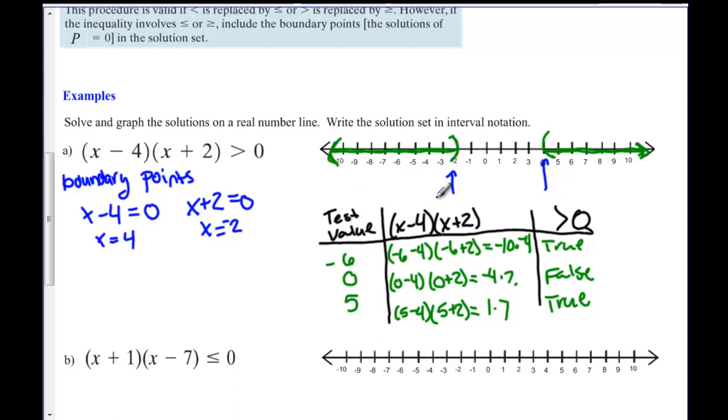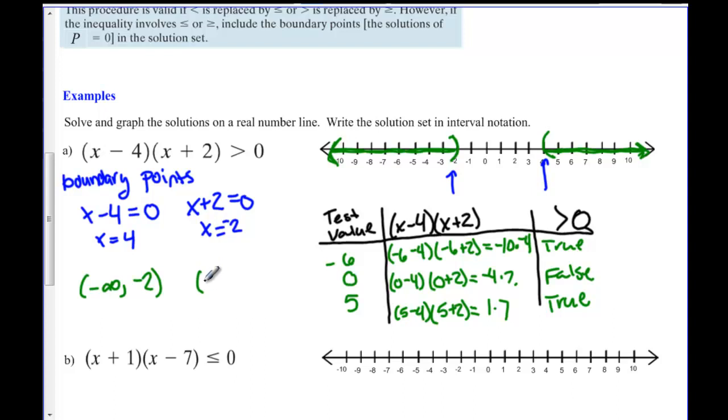My math lab will have you do the number line, but it really is going to want the interval notation. So how do I write this first interval? Yeah, negative infinity to negative 2. I'm going to leave a little space. How do I write the second interval?